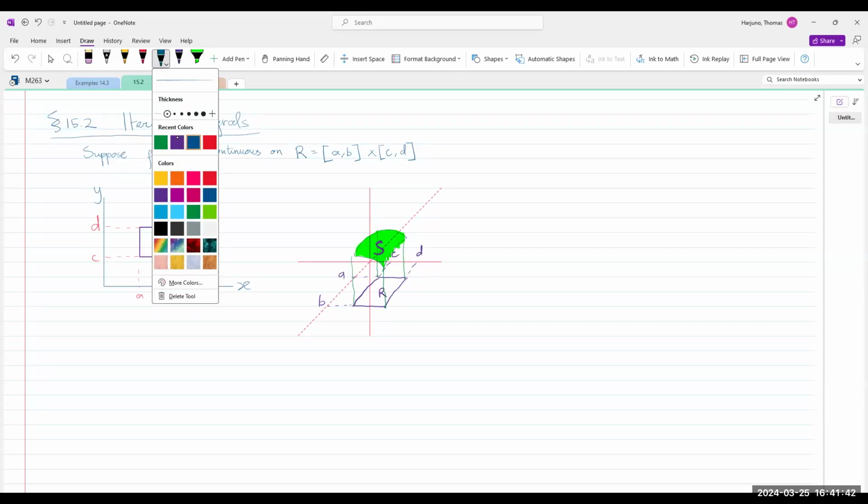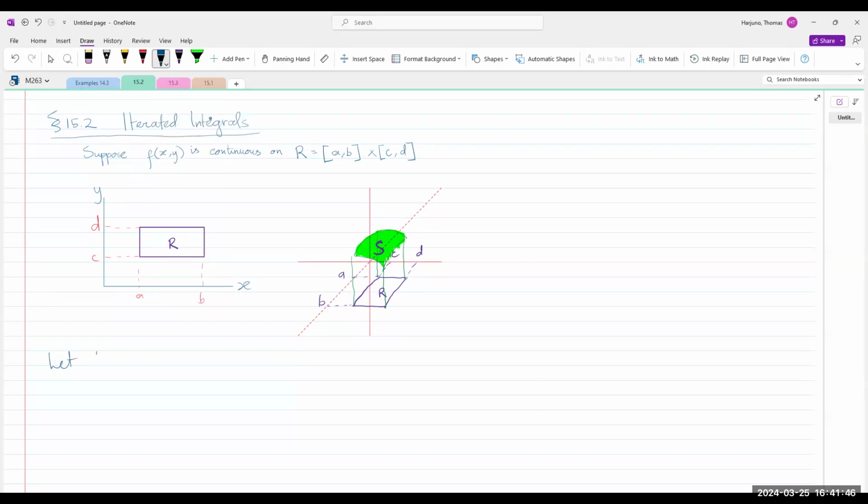Now, let A(x) be the partial integral. Remember the partial derivative? This time it is a partial integral with respect to y.